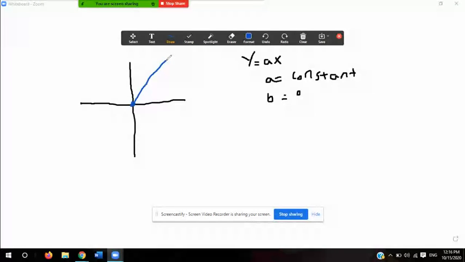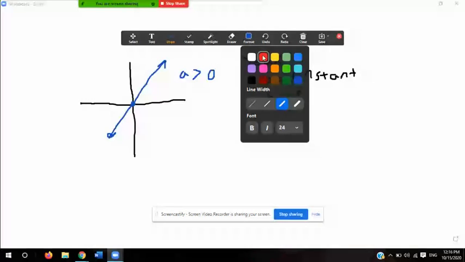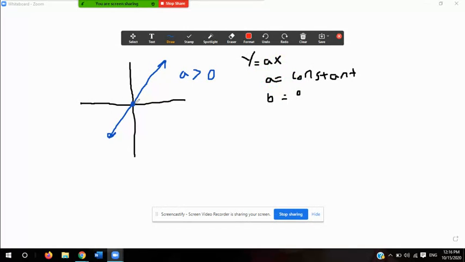Now, mind you, if a is positive, the graph will look like this. Okay? Let me write that: a is greater than 0, or positive, this is what the graph would look like. If a were less than 0, then the graph would probably look something like this.